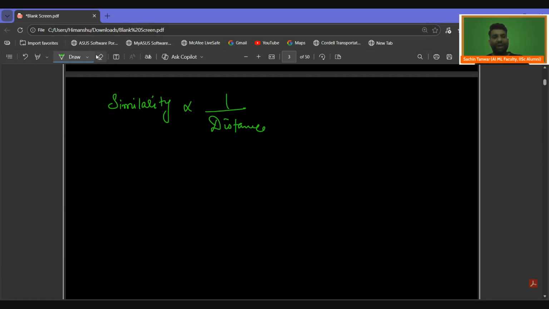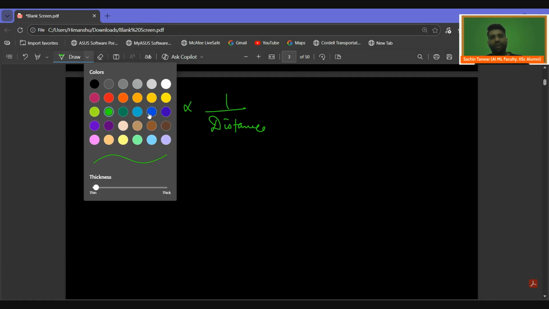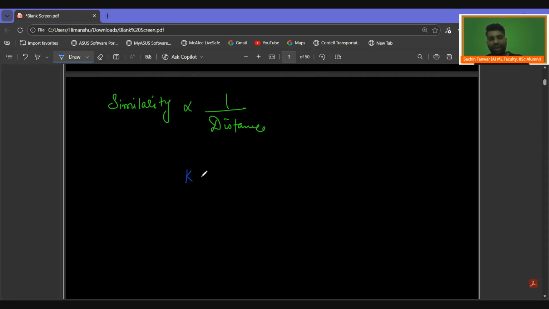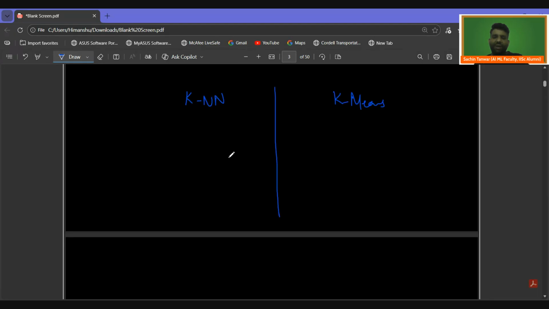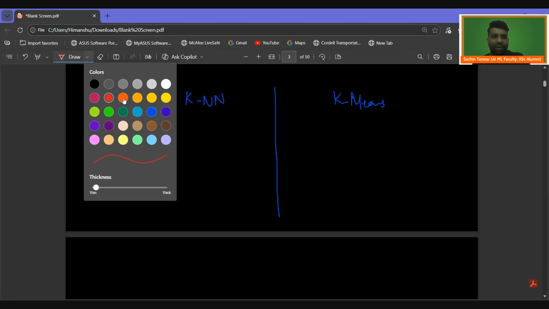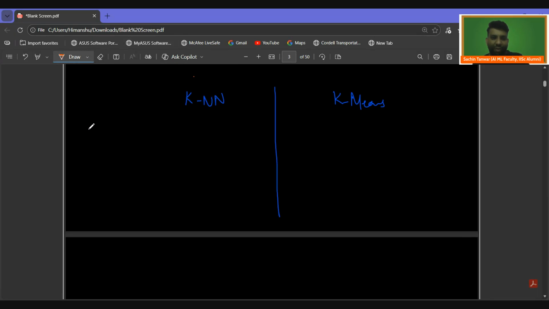Now, if I compare these two, KNN and K-means, I'll talk about what exactly is the difference and what is the confusing part for them. Let's start with the very basic full form: K nearest neighbor. K-means is, as already mentioned, unsupervised, while KNN is a supervised algorithm.